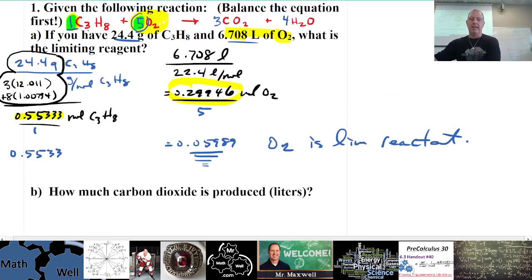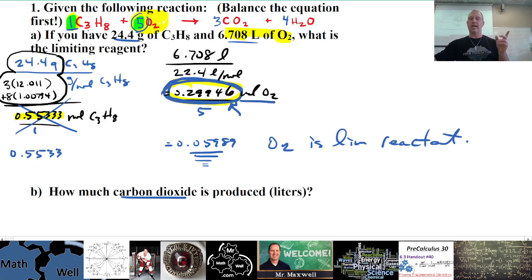All right, here's where we get to the good stuff, right? So now what we want to do is find out how much carbon dioxide should be produced. Well, I'm not going to use this number at all for this part of the question, because not all of this is used, remember. This is completely used up. It's the limiting reactant, so I base my calculations on the moles of oxygen.